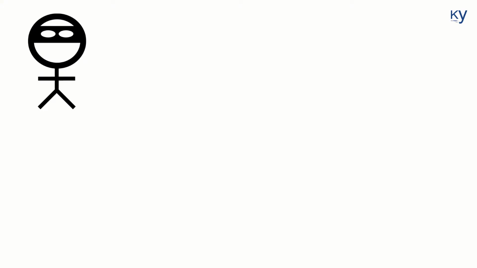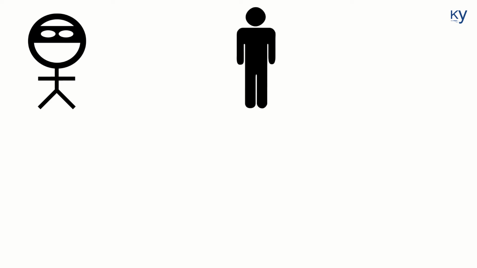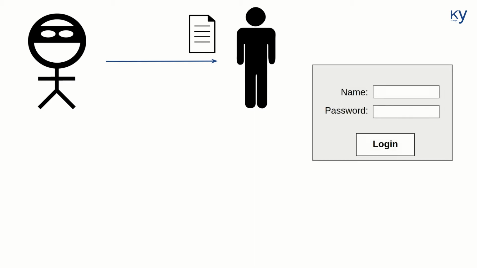So let's begin. What happens in this kind of attack is that you have an attacker and a victim. The attacker sends some kind of communication to the victim. Let's assume for now that it is an email. In that email, there is a link to a website, and the victim feels, oh, I know this website, and clicks the link.